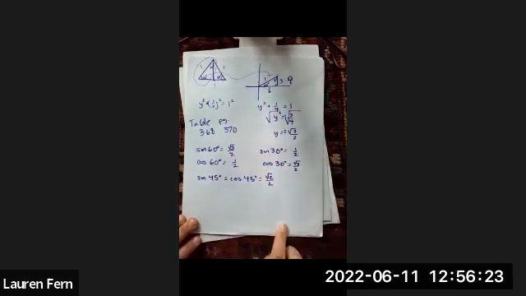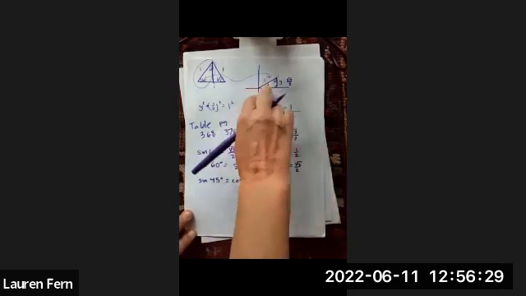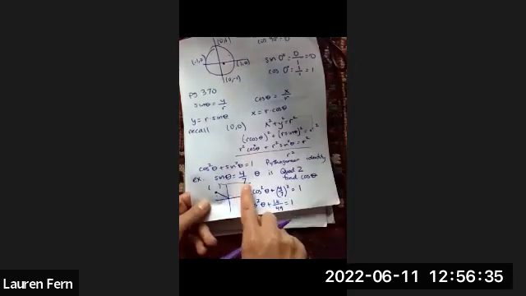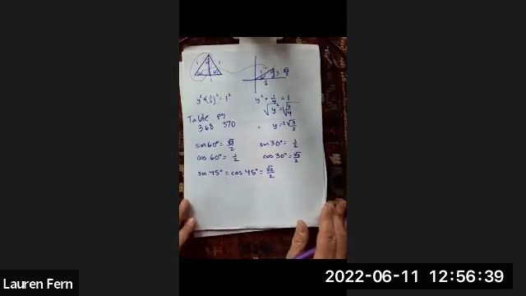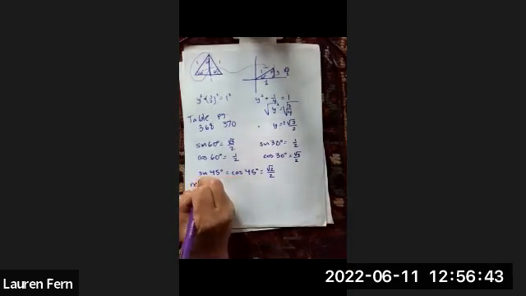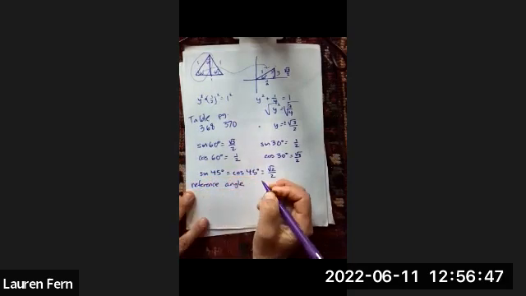Now, this all works fine and dandy in our first quadrant. But in my initial example here, where I have the sine is 4/7, what do we do when we're in a different quadrant? Okay. Well, what you do is you find what we call your reference angle.